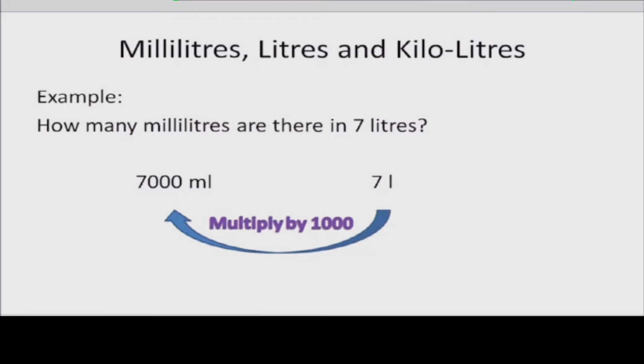Another example. How many milliliters are there in 7 liters? This time you need to convert liters back to milliliters, right? So 7 liters multiplied by 1000 will give you 7,000 milliliters.